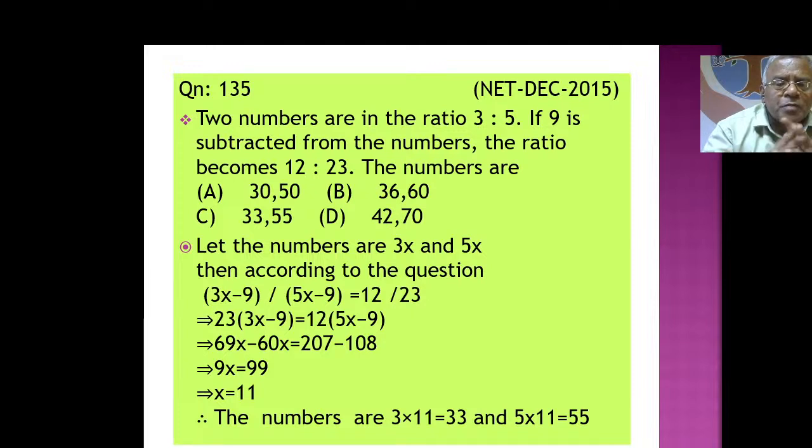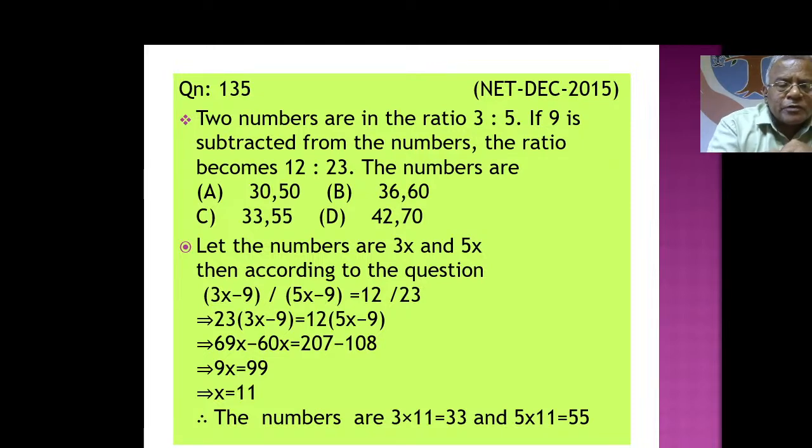So (3x minus 9) by (5x minus 9) equals 12 by 23. Now you have to calculate. 23 should come this side: 23 into (3x minus 9) equals 12 into (5x minus 9).